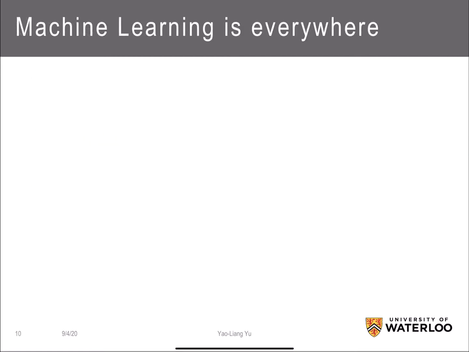So now I'm going to give you a very quick overview of what's going to come. So this course is about optimization algorithms for data science or machine learning. And it should be obvious to you that machine learning really nowadays is everywhere. Right?